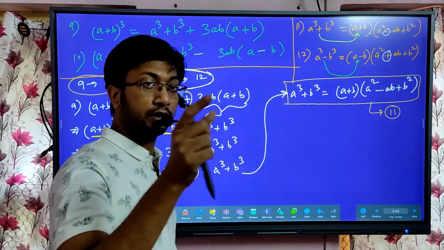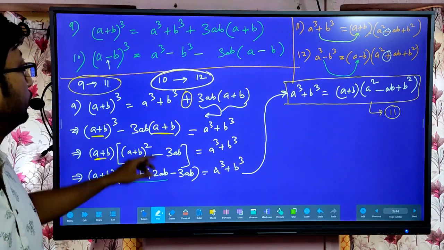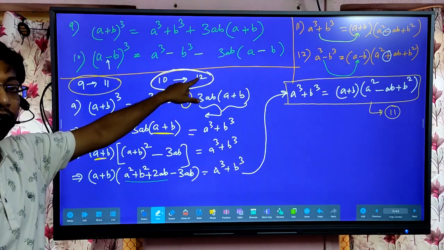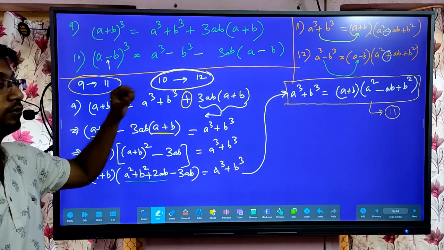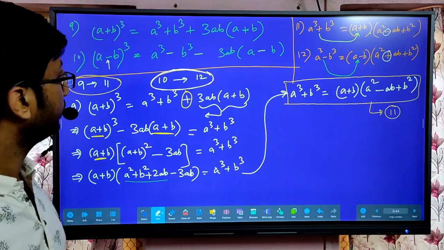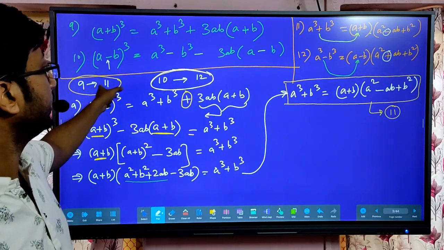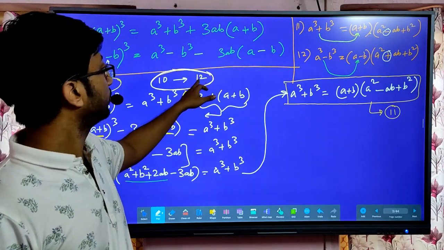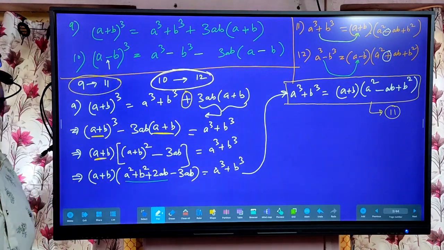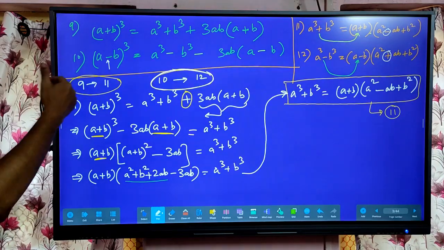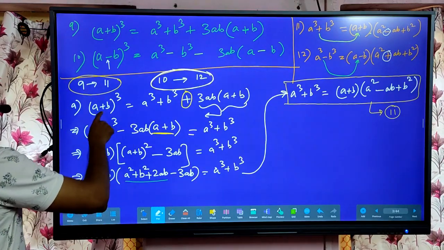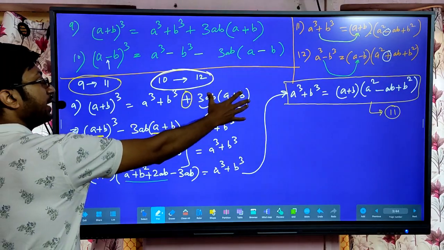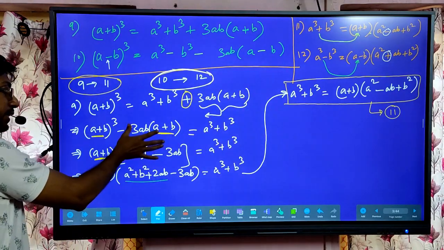Now your homework or your task will be to derive formula number 12 from formula number 10. I have derived 11 from 9. You yourself will be doing formula number 12 from formula number 10. In the same process, there it will be A minus B whole cube, and then this minus 3AB into A minus B will be brought to the left side.